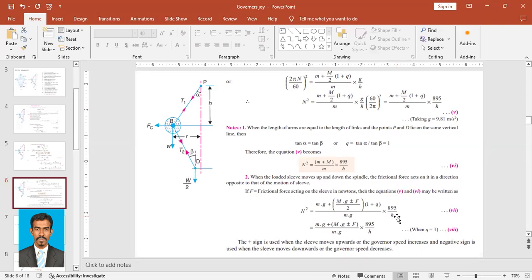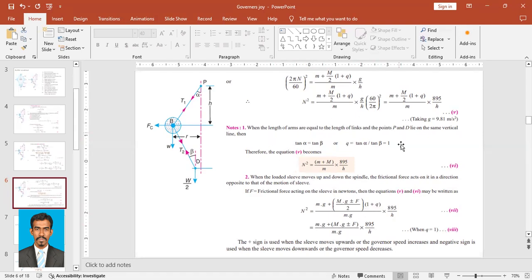When you solve it, that is equal to mg plus capital Mg plus or minus F upon mg, when Q is 1. So there is friction also acting, and this condition is also true. In such a case, this will take a form like this.